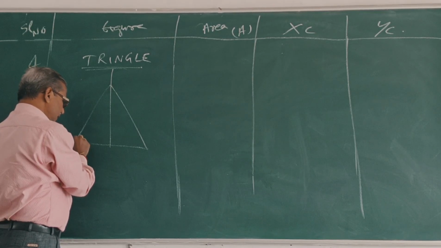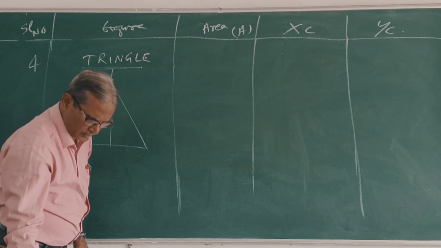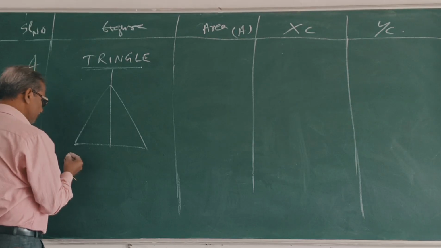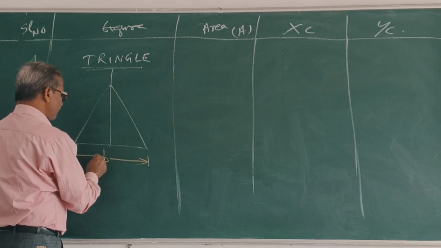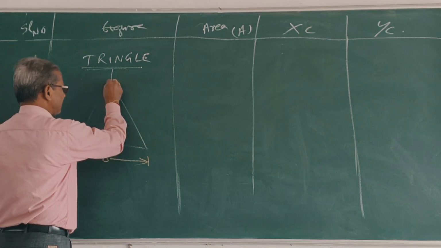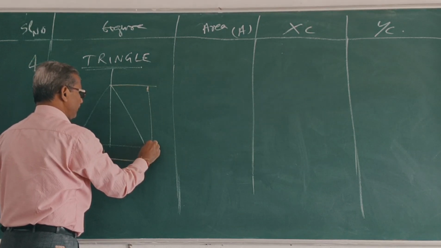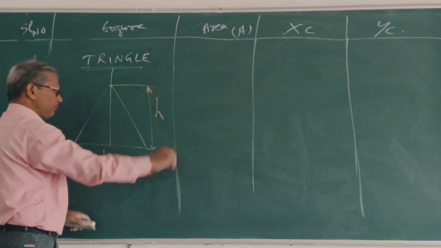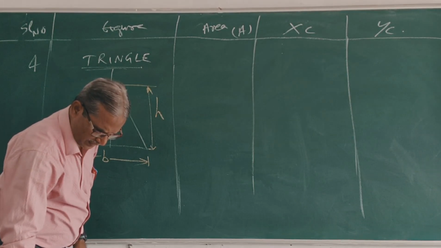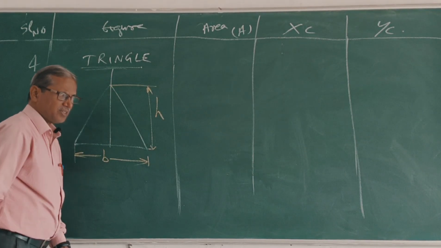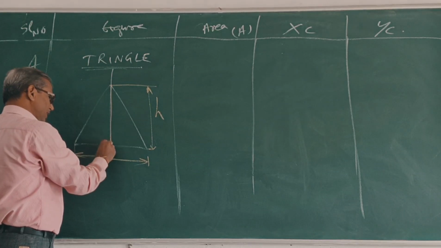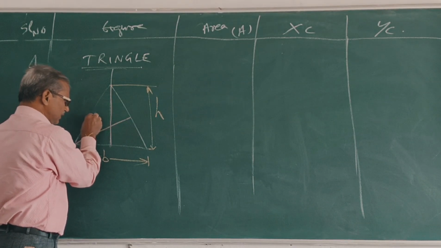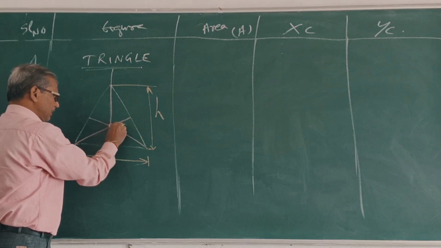Suppose this length is B, height H, base and height. So the CG lies where three medians cross each other. This is one of the medians, this is another median, this is another median. This is point G. Clear?